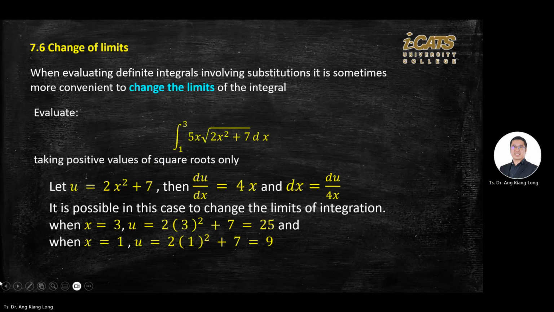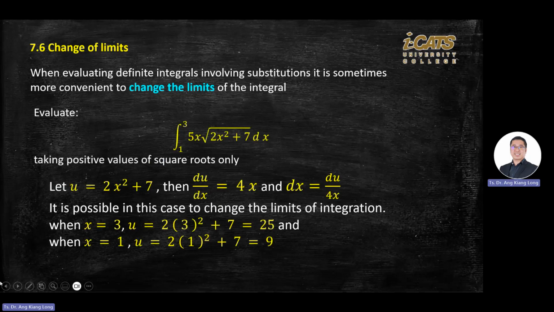So what does this slide ask you? Meaning you're changing the limit, because you're converting the x term into u term. You're changing this whole equation into something du, so you need to change the limit also.